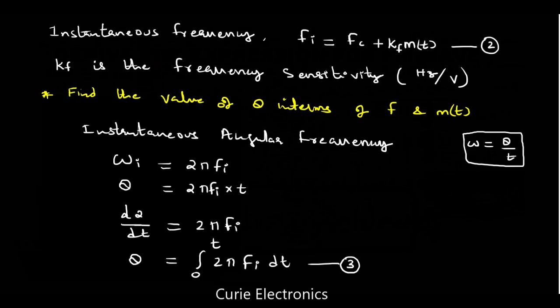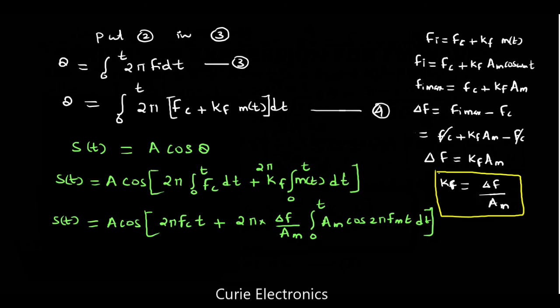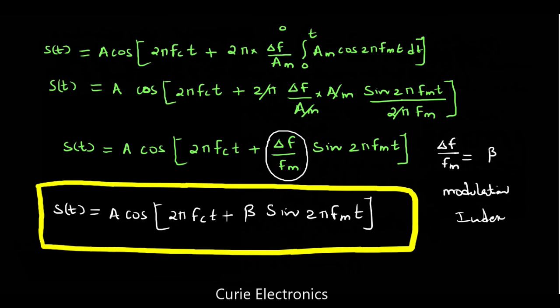Then we wanted the value of theta in terms of carrier frequency and the message signal. For that we started from the instantaneous angular frequency, and from there we got theta, and in that we put the instantaneous frequency of the FM that we wrote initially. Then we did the integration and reached this equation. It is very simple.